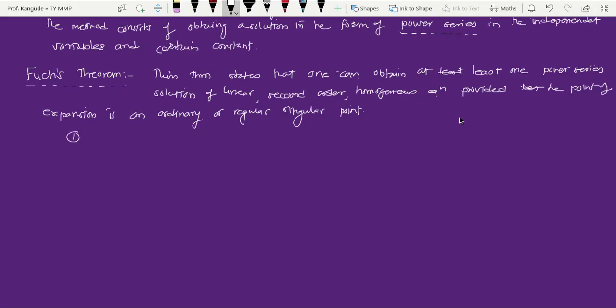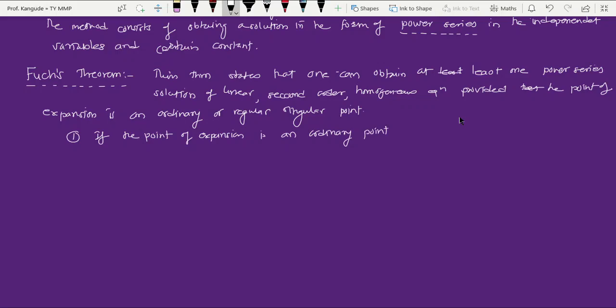First statement here: if the point of expansion is an ordinary point. Yesterday we have seen what we mean by ordinary point, the definition also.